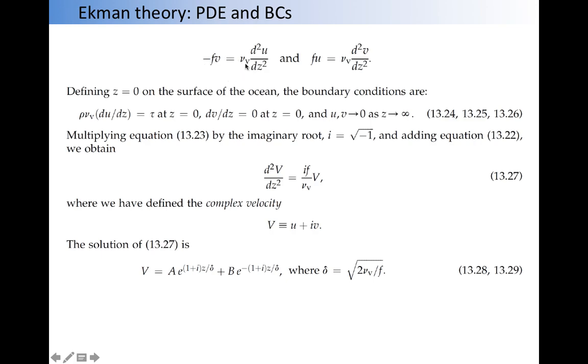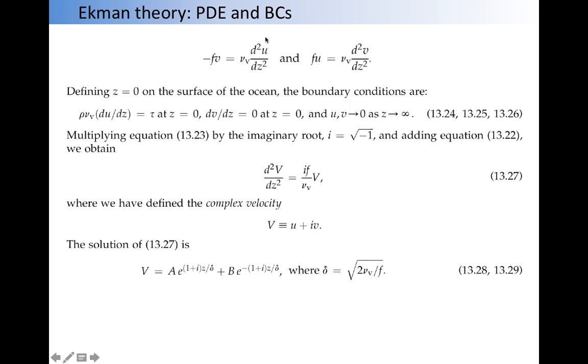Coriolis fv, viscosity with d second order u dz. There was a partial derivative in the previous one, but we only consider velocity u as a function of z, and v is a function of z only, so they put it as a regular ODE differentiation term. And in the y direction, f u and viscosity with the second order derivative in z.